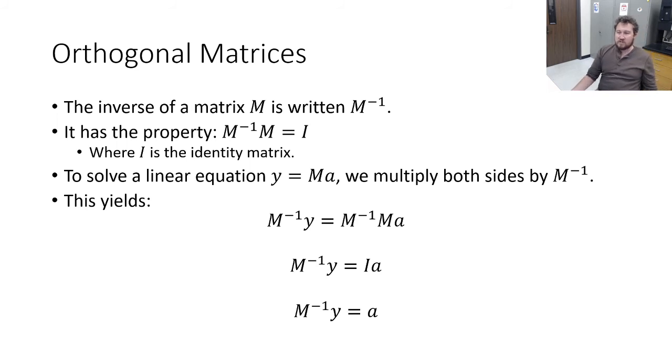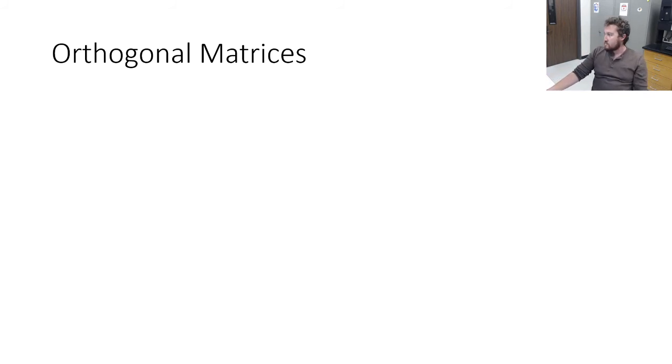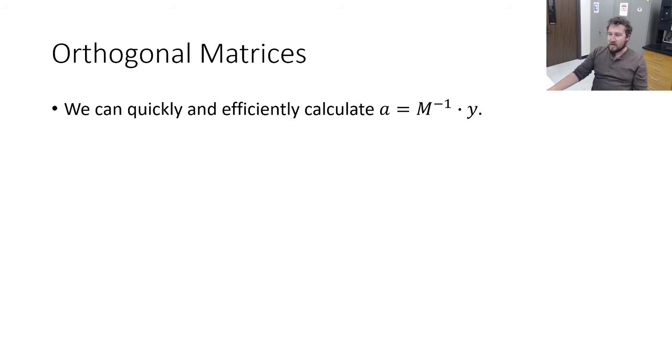So instead of solving and going through the hoops necessary to solve the linear equation, if we just take the inverse of the matrix and multiply that by y, we just get our a directly, and it lets us get there a lot faster. So like I said, we can quickly and efficiently calculate a equals the inverse of m dotted with y.